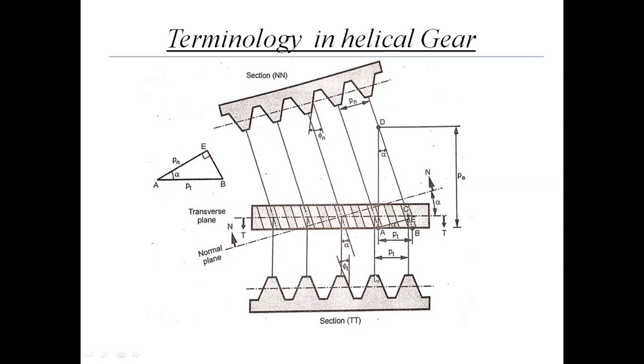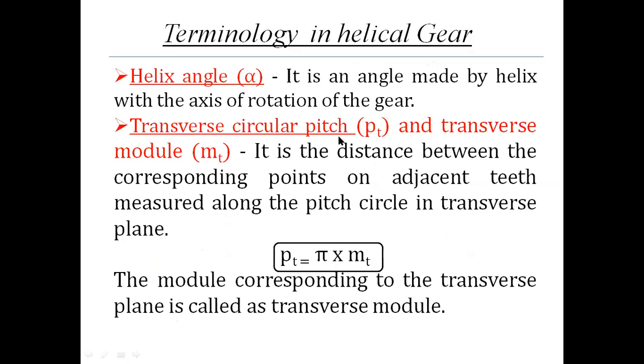You can see here the corresponding points A and B measured along the transverse plane. Pt, pitch along the transverse plane. Clear? Pt, the transverse circular pitch in the transverse plane.